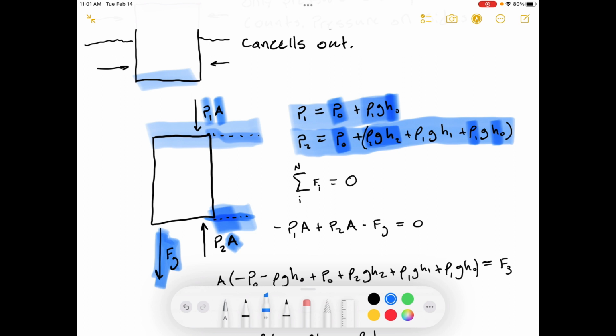So all of those hydrostatic forces in this region, until we get to the interface, and then in this region, all add up to give us what the pressure is at P2. Okay, so that's P2 and P1.